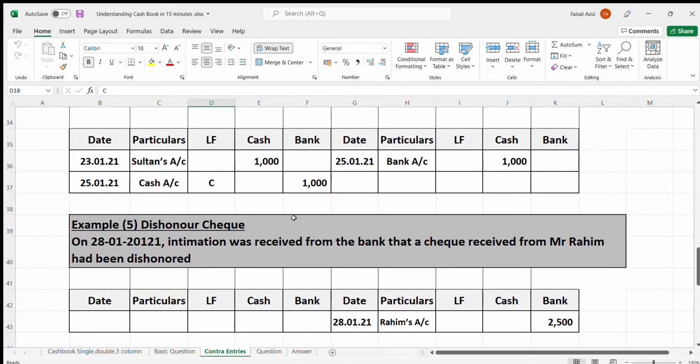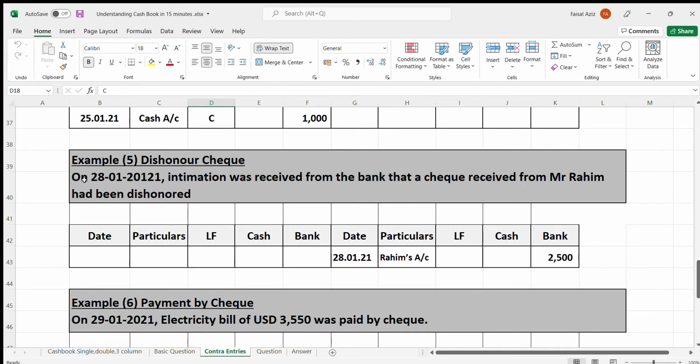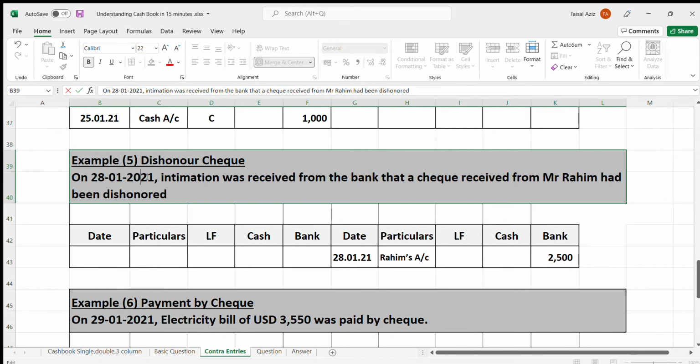Now we have another transaction, dishonored check. Dishonored check and bounced check are the same. You can see that on 28th of January 2021, intimation was received from the bank that a check received from Mr. Rahim had been dishonored.